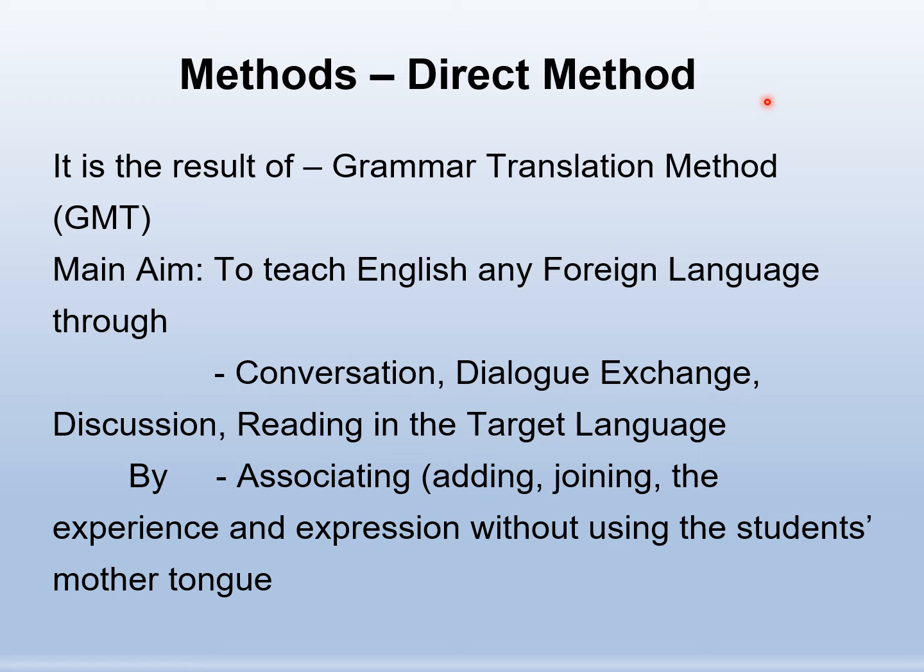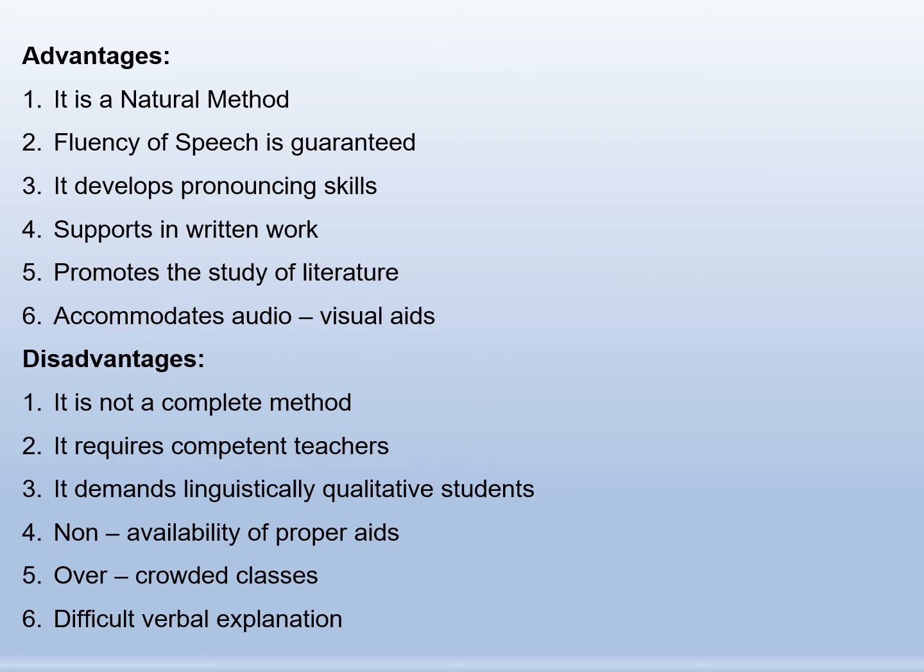Here we are teaching or using the target language. That's why it is named the direct method. Its advantages, you can read them out or take a screenshot. And here I have also mentioned disadvantages.